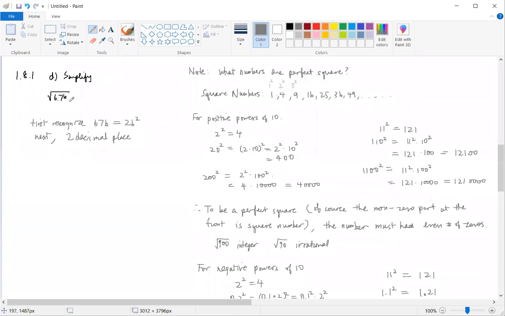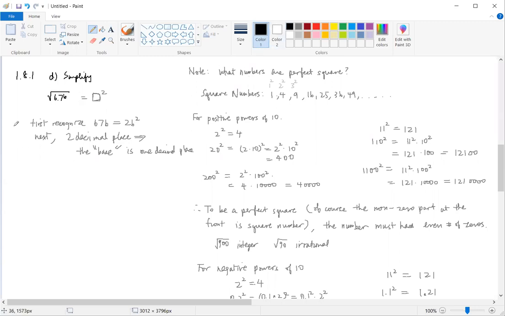Okay, so the 2 decimal places here means the original number, the base, when you want this to be something squared, is 1 decimal place. Yeah, so this is 26 when you square root, but 26 with 1 decimal.